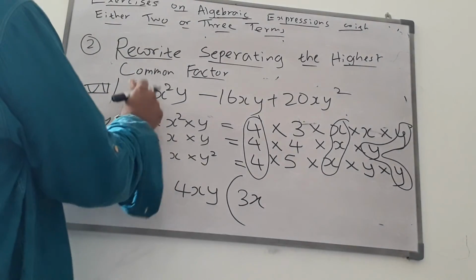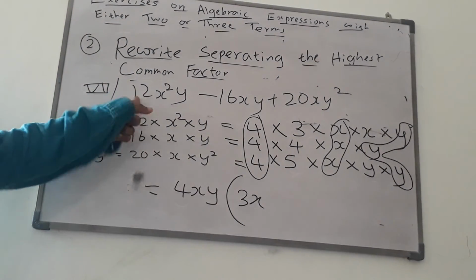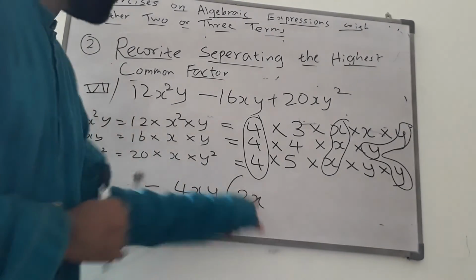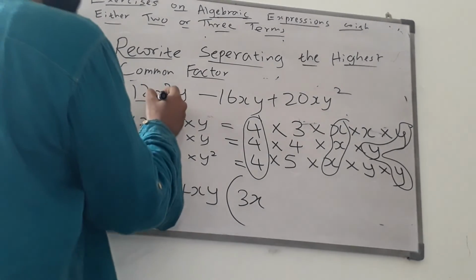Now we will check whether we can get the first term. 4 times 3 means 12. 12 times x means 12x. 12x times x is 12x squared. Times y means 12x squared y.